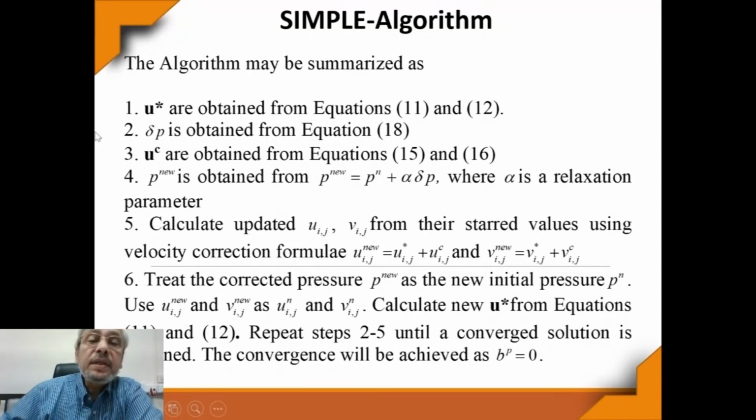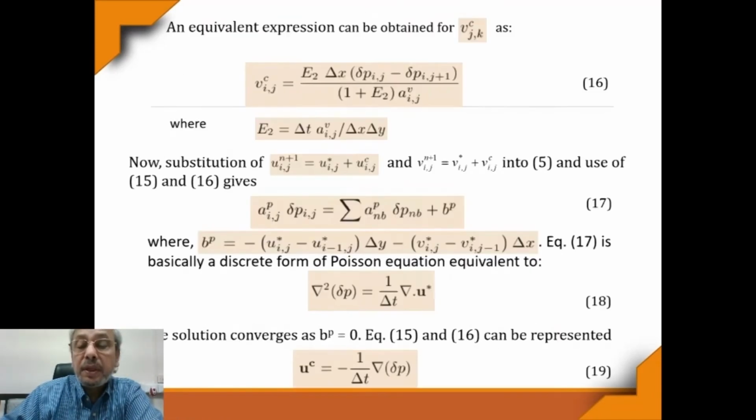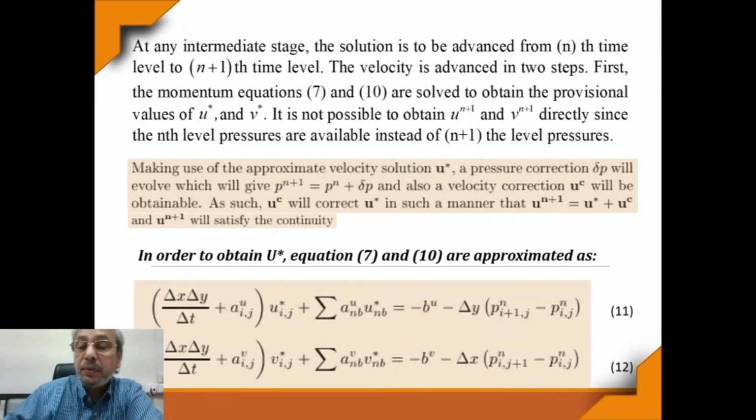So here is the systematic way of writing the algorithm. U star are obtained from equation 11 and 12. Let us go to equation 11 and 12. That means if we use the pressure which we have gotten through the previous level of calculation, the nth level, we'll only be getting U star and V star.